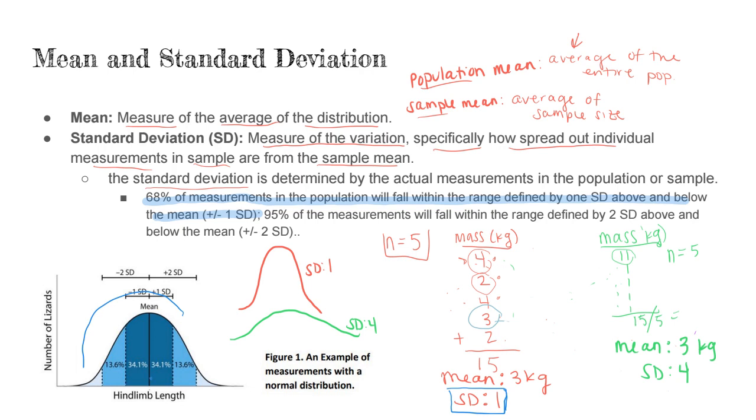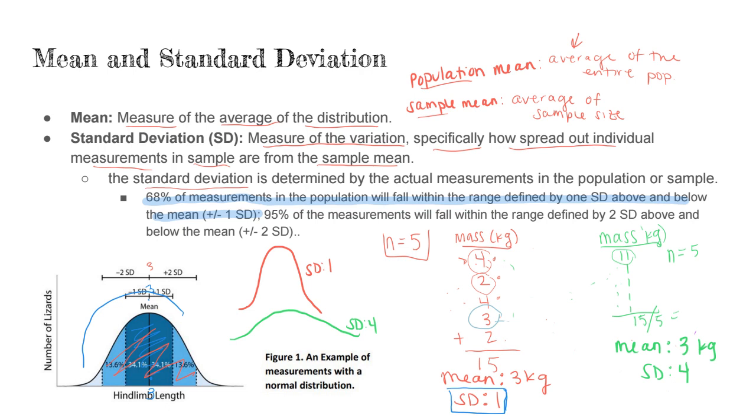From the mean, which in both of our data sets is 3, one standard deviation away from that mean, 68% of all data points are going to fall within that range. 2 standard deviations away from the mean, 95% of all of the data set. So basically all of your measurements should fall within plus or minus 2 standard deviations away from the mean.